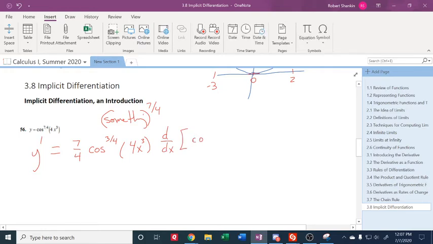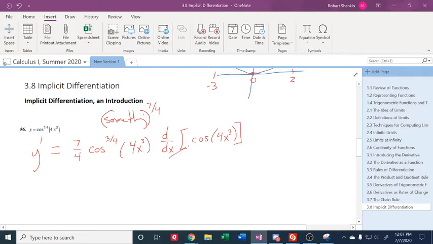Now, we rewrite everything except the 7/4, because we've already taken into account the outermost function. Times the derivative of cosine of 4x cubed.